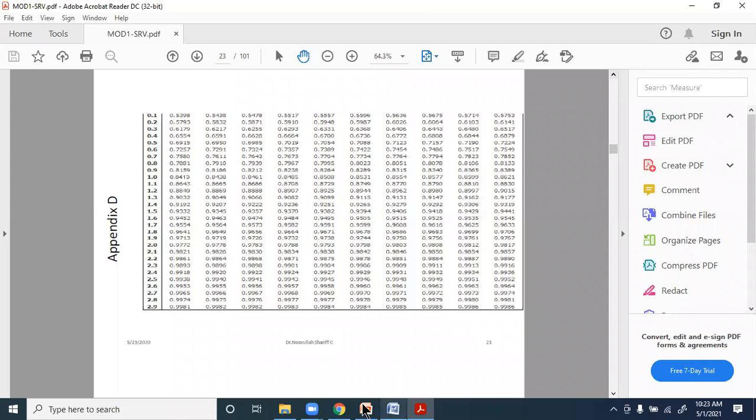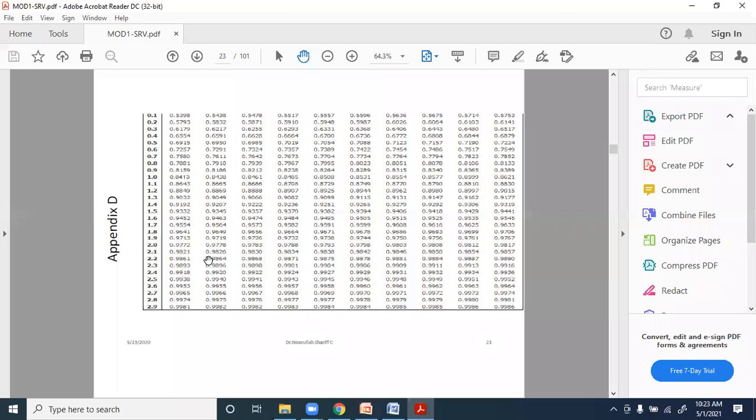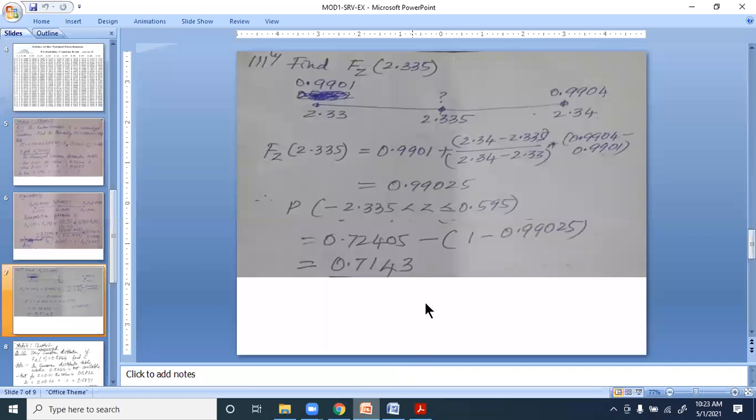How much is that, 2.33 and 2.34? 2.33 is here, 0.9901. 2.34 is 0.9904. So these are the two values which we are taking over here for 2.33 and 2.34.